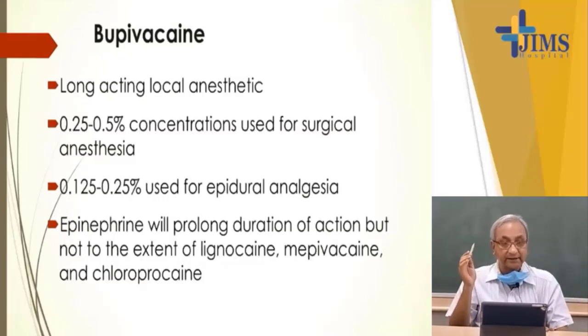Bupivacaine is a long-acting anesthetic agent. The dose usually is 0.25 to 0.5% concentration used in surgical anesthesia and 0.125 to 0.25% in epidural anesthesia. If you add ephedrine along with bupivacaine, it increases the duration of action.